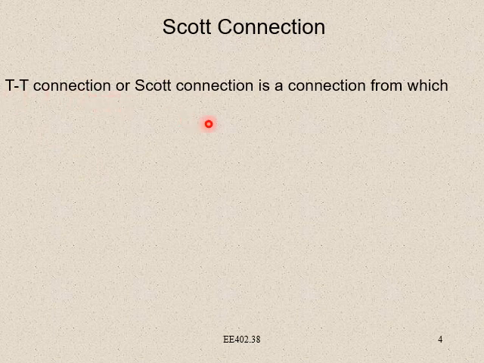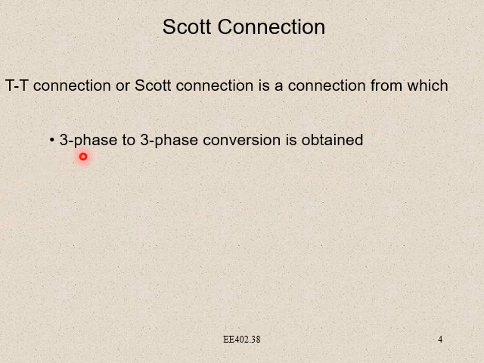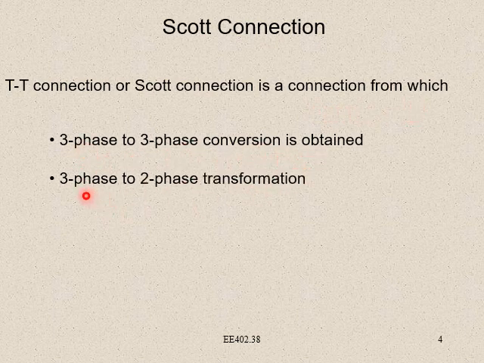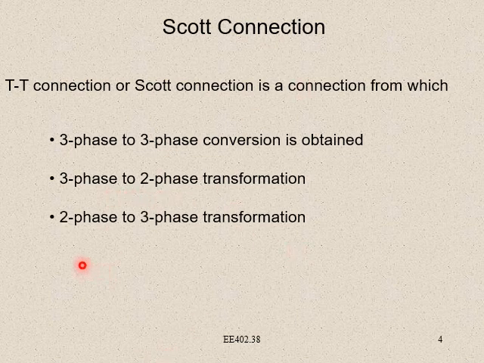The Scott connection can also be called the T-T connection. It is a connection from which three-phase to three-phase conversion is obtained, three-phase to two-phase transformation, and two-phase to three-phase transformation.